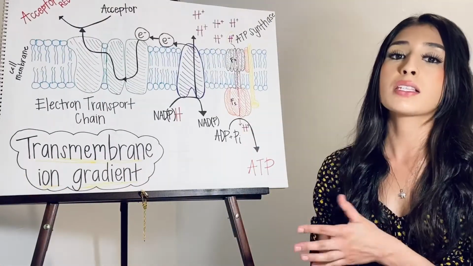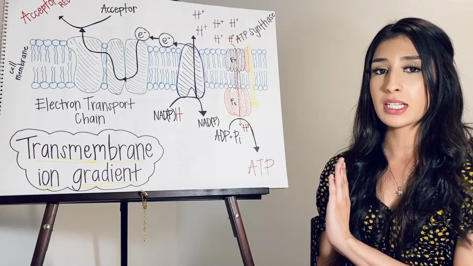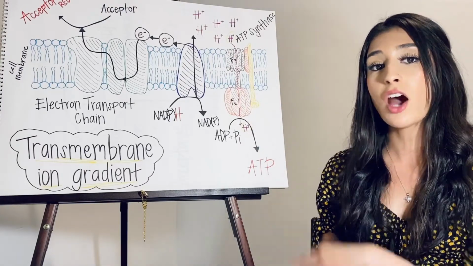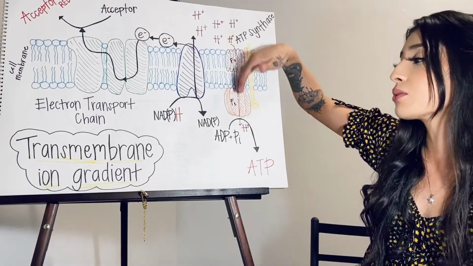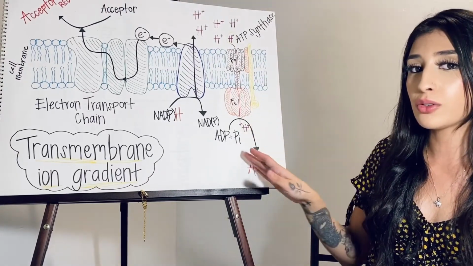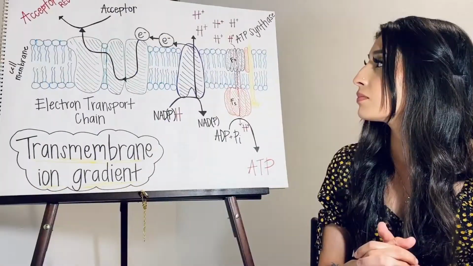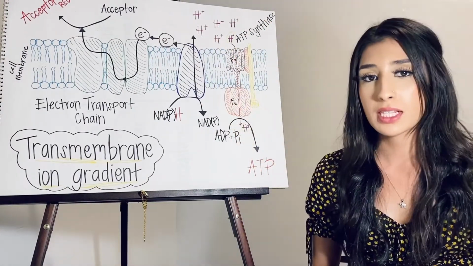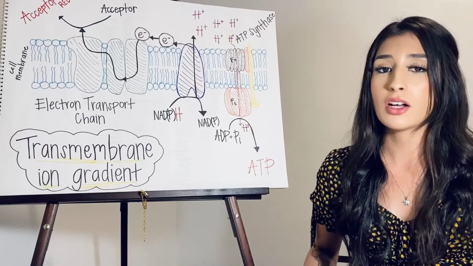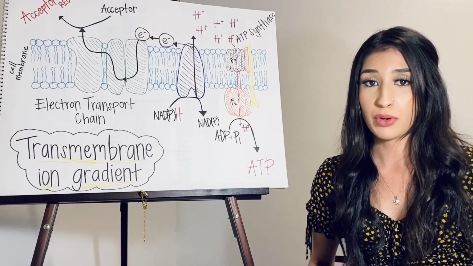Another interesting fact about this structure is that ATP synthase can actually work in the opposite direction. Right now I explained that the protons can go inward, but it can also do the opposite, so go outward. The flow of protons going in or out of the cell is dependent on the concentration of the reactants and products.